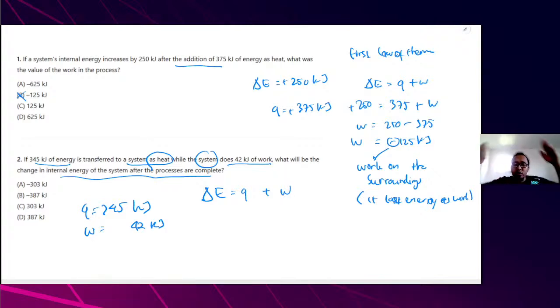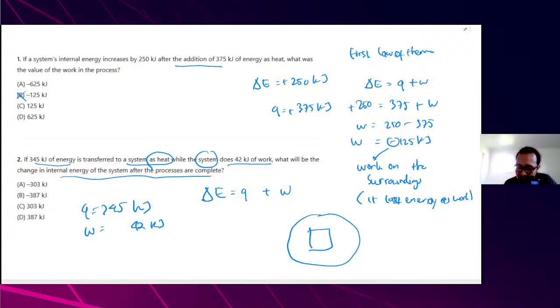For example, we have a system, and then we have the environment outside. To illustrate this problem, energy from around the system is transferred to the system.